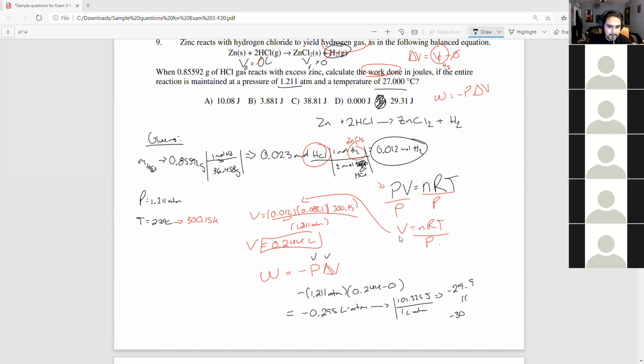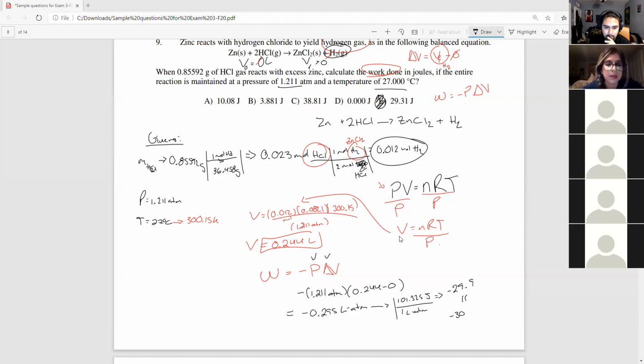Zinc reacts with chloride. Oh, I think the entire reaction is maintained. I think because he's giving you the grams, but then you convert it, so that's fine.